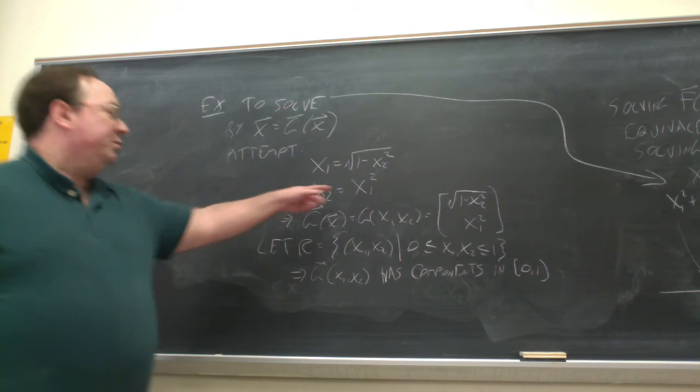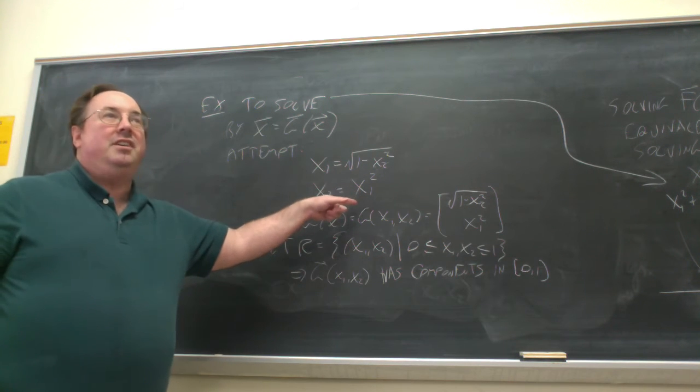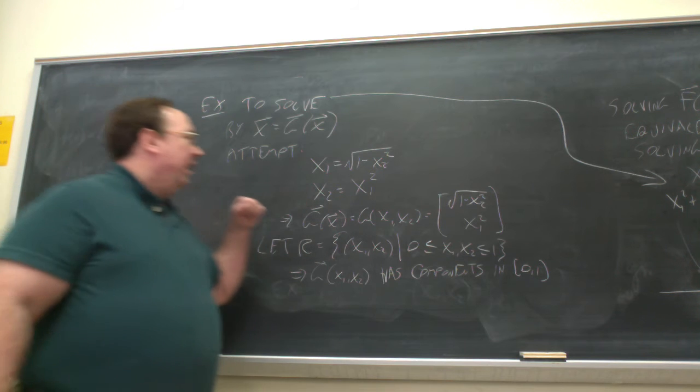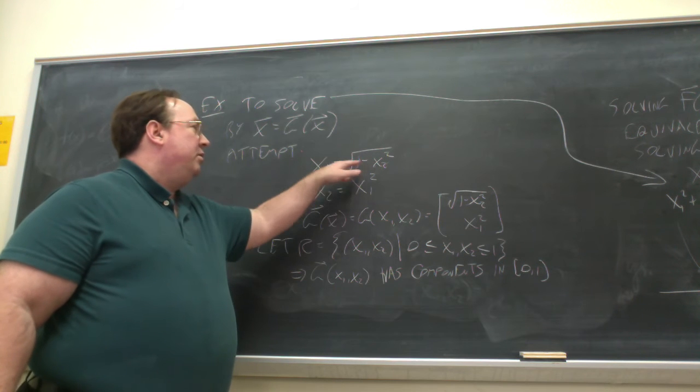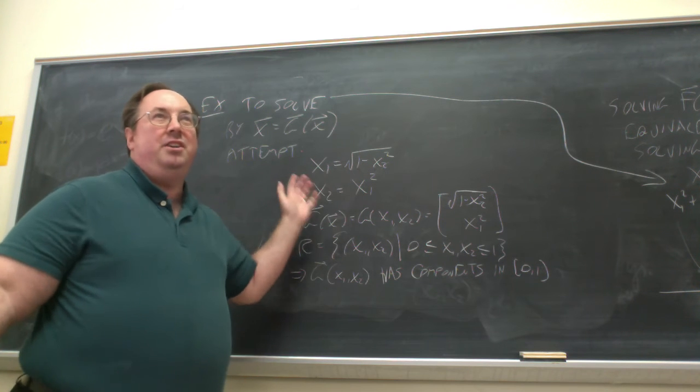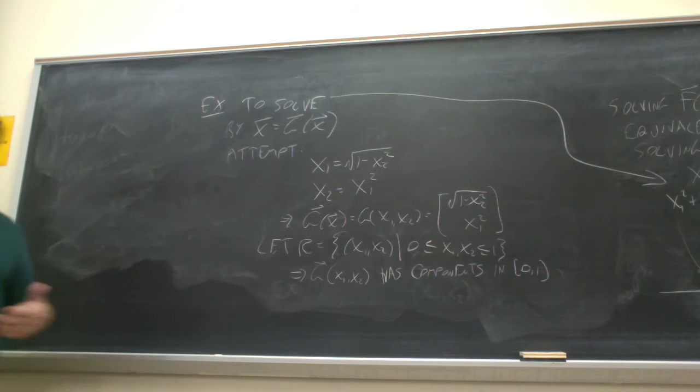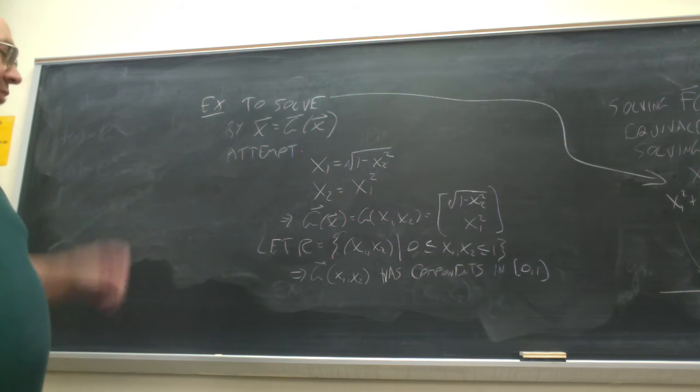Because if I take a number between 0 and 1 and square it, that'll be between 0 and 1. And if I subtract such a number from 1, that'll also be between 0 and 1. Taking the square root will keep it between 0 and 1. I'm assuming the positive square root here.